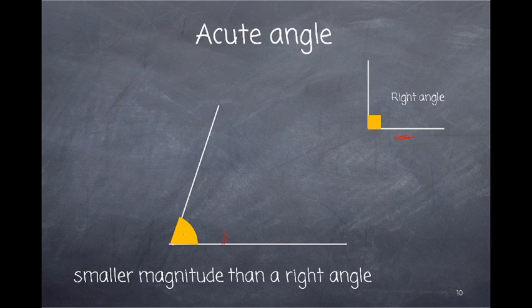It is again less. And now what can you say? This is the perfect right angle and this is not an acute angle. Remember that this is the right angle. To be an acute angle, it should be less than the right angle. Okay. So this is the perfect acute angle.